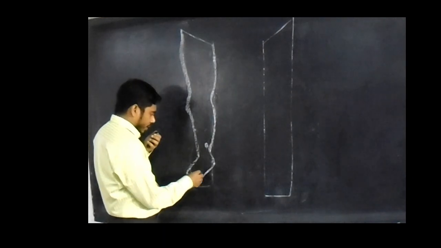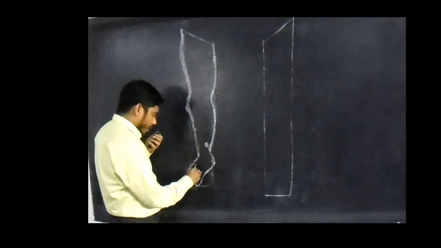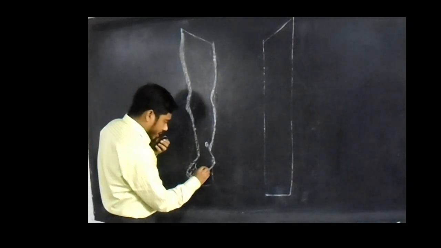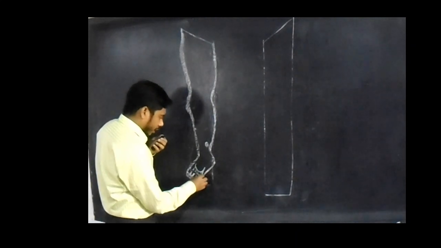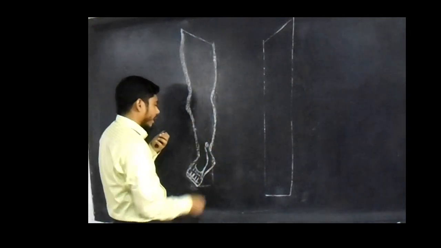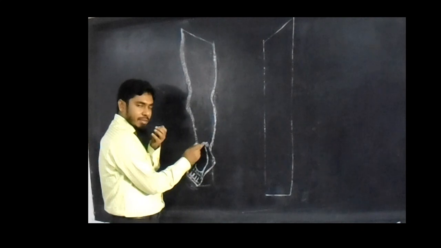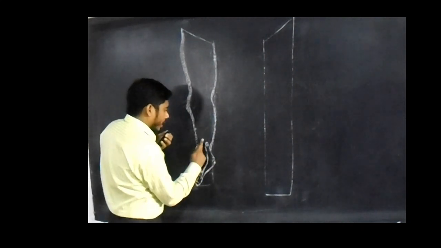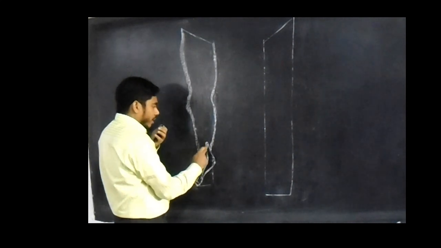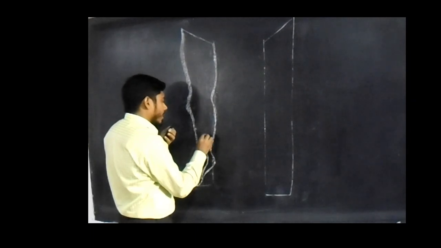Now, the great saphenous vein will arise from the medial end of the dorsal venous arch along with the medial marginal vein. It is the medial marginal vein, this one, and goes up. In the ankle it will ascend upward in between the bony prominence, that is the medial malleolus, and the tendon of the tibialis anterior muscle. In between these two, the great saphenous vein will go up.